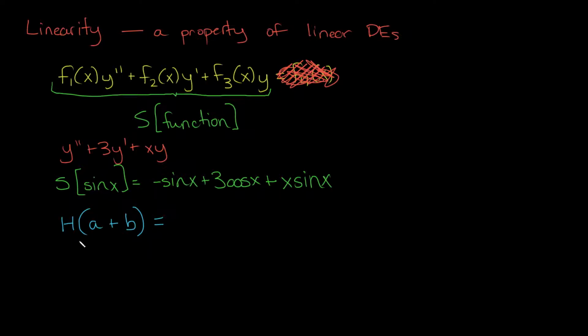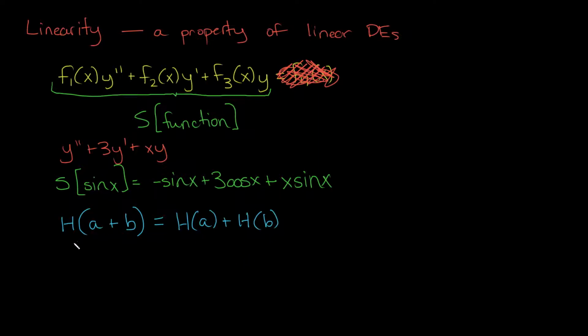Linearity has two properties. It says if H is to be linear, then H of A plus B must equal H of A plus H of B.